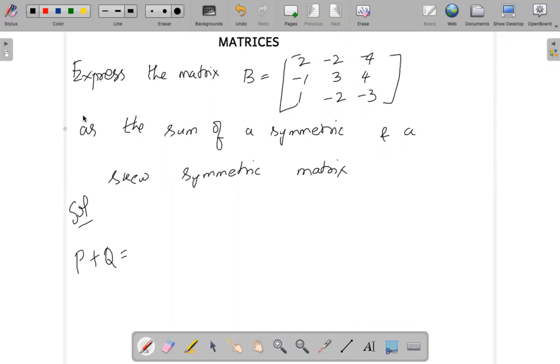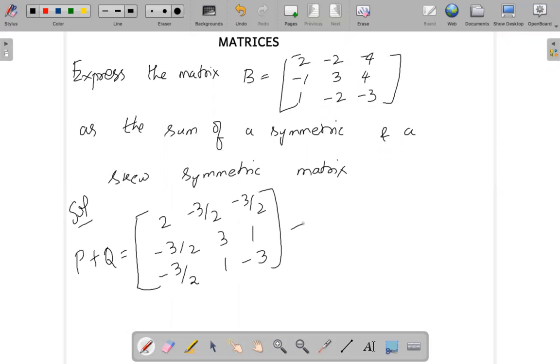P will be 2, minus 3 by 2, 3 by 2, minus 3 by 2, 3, 1, 3 by 2, 1, minus 3, plus Q, which is 0, minus 1 by 2, minus 5 by 2, 1 by 2, 0, 3, 5 by 2, minus 3, 0.